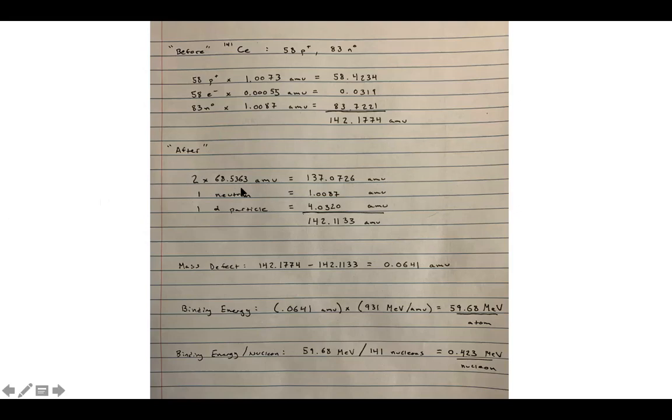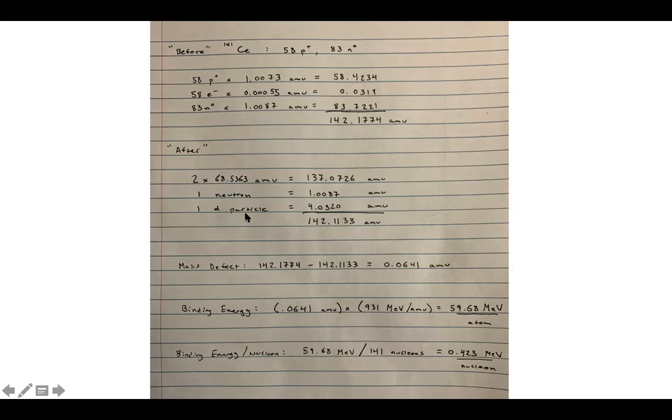Now we also produced a neutron and an alpha particle. I didn't tell you anything about the mass of the neutron and alpha particle, so we would base these masses on the real masses of a neutron and protons. One neutron would weigh 1.0087 AMU.